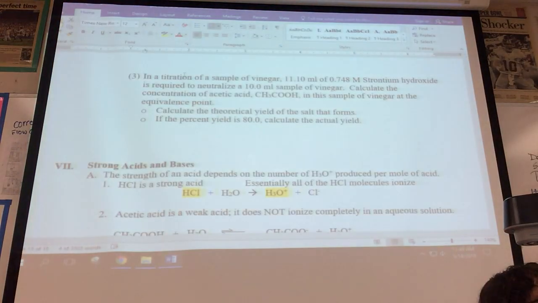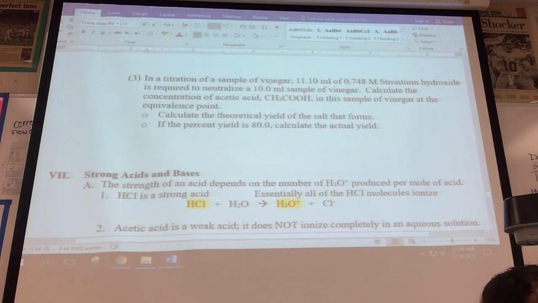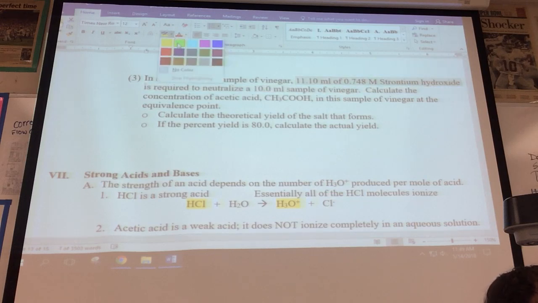On number 3, it says, in a titration of a sample of vinegar, 11.10 mL of 0.748 molar strontium hydroxide, is that the acid or the base? Base. Is required to neutralize a 10 mL sample of vinegar.